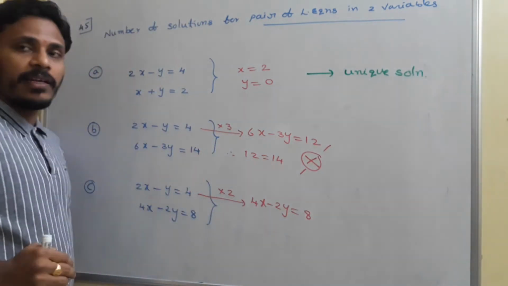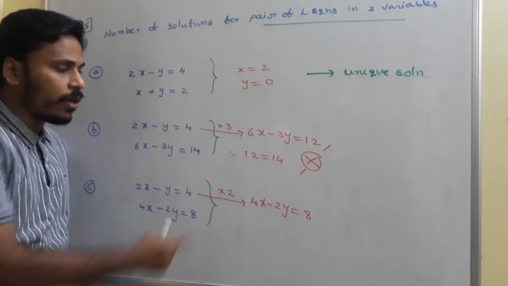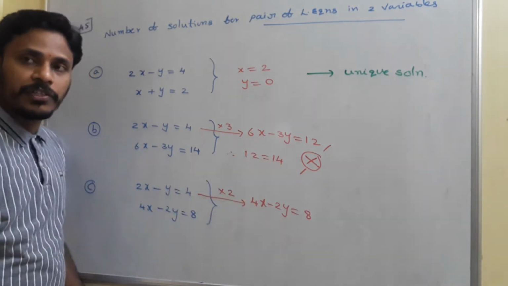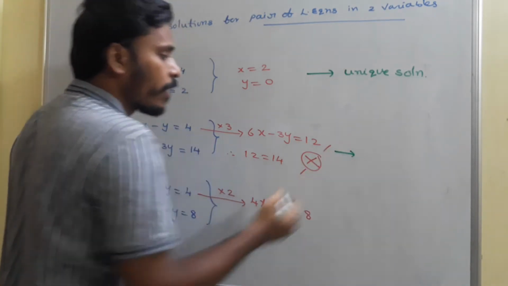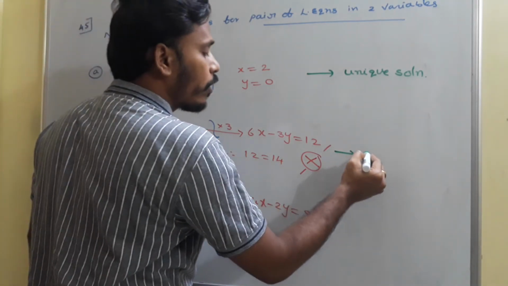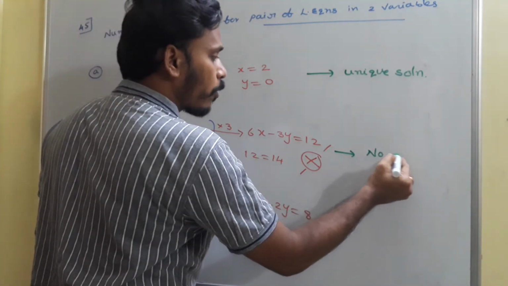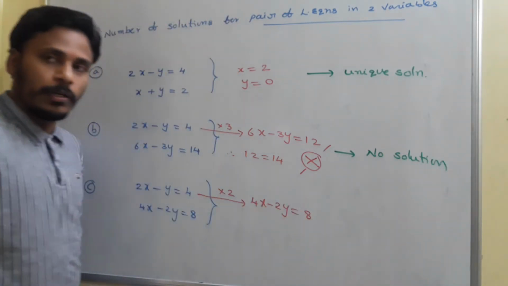Whereas in the second case, 2x minus y is 4 and 6x minus 3y is equals to 14, we have a contradiction, in the sense that this pair of linear equations is not possible. So in this case we don't get a solution, the number of solutions is 0, and we say it is the no solution possibility.